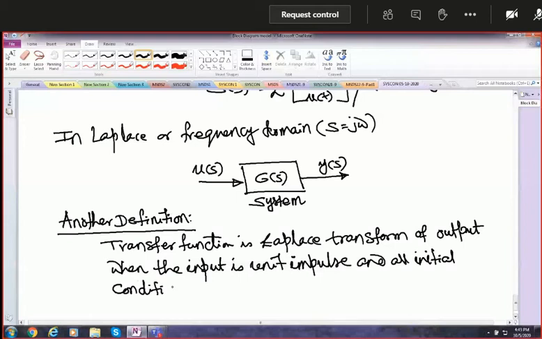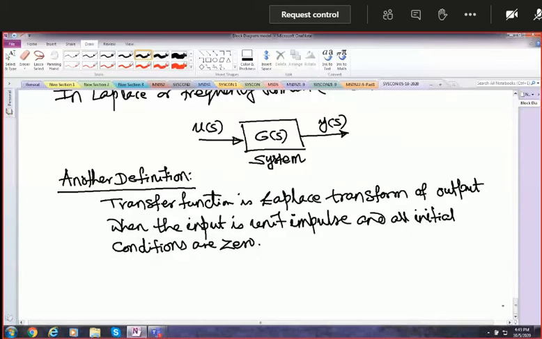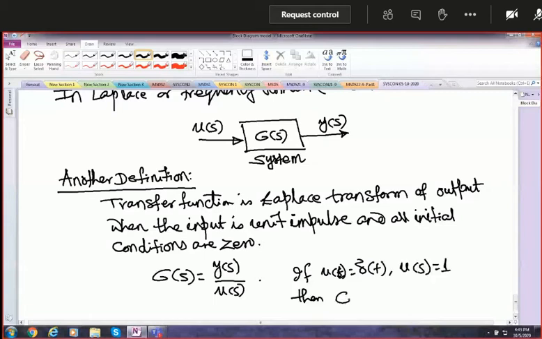This is basically a corollary of the first one. We have G(s) is equal to Y(s) by U(s). So if u(t) is equal to delta(t), U(s) is equal to 1, then G(s) is equal to Y(s). That is the Laplace transform of y(t).